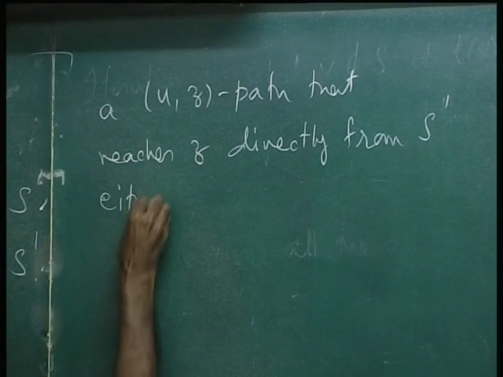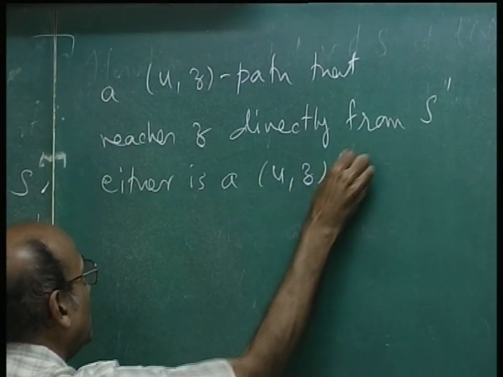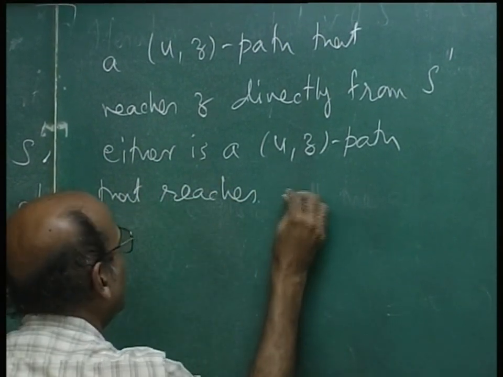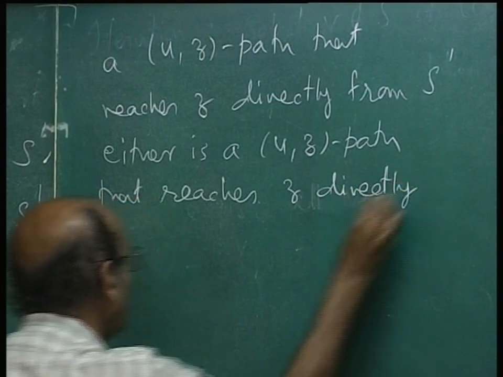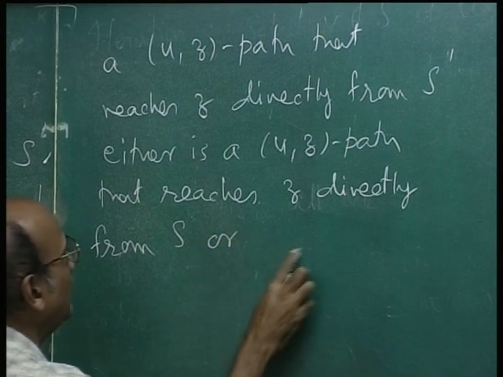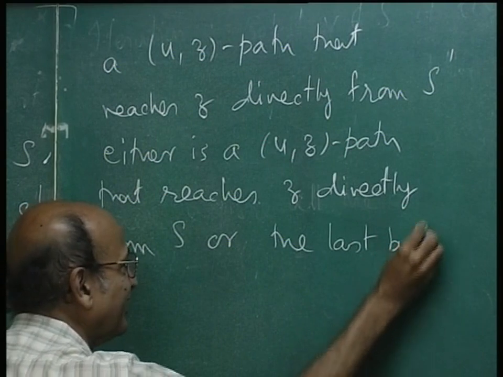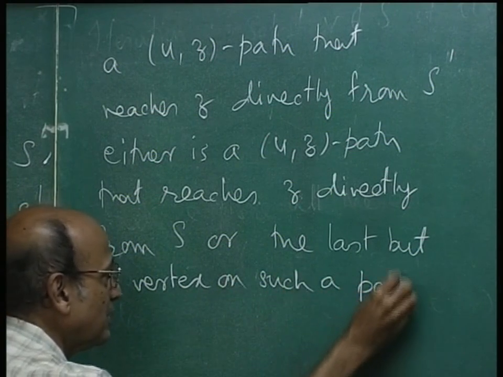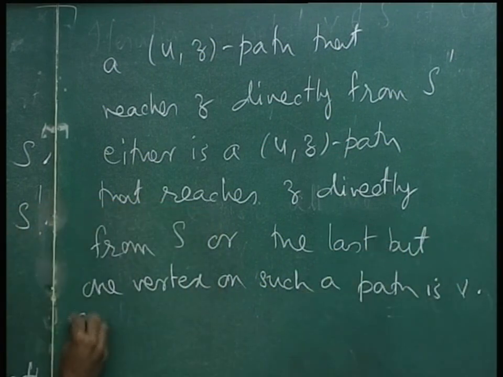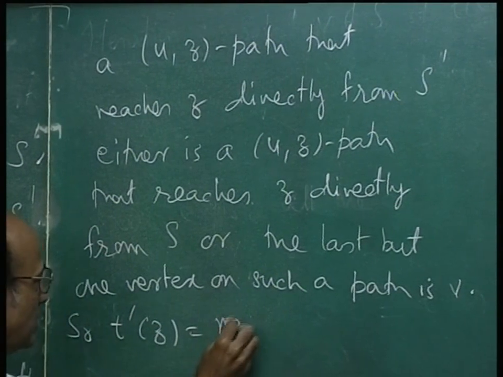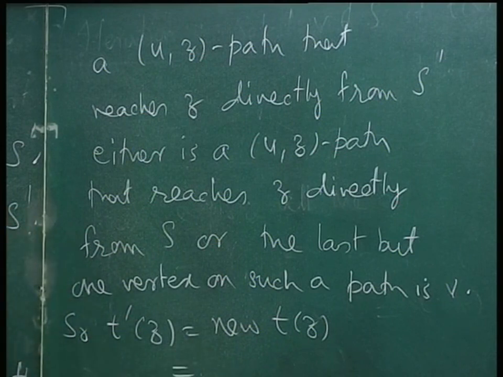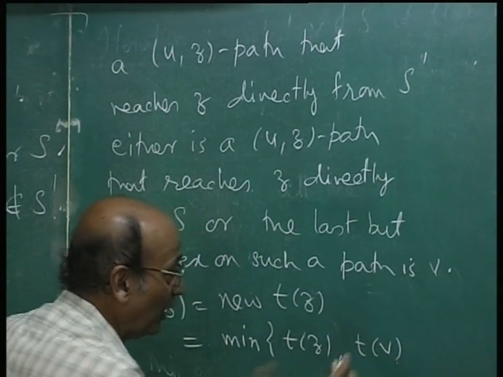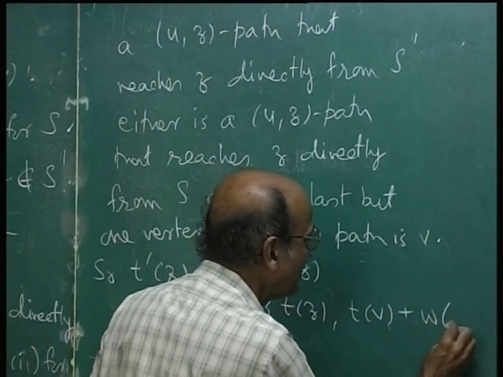Either it is a UZ path that reaches Z directly from S, or the last but one vertex on such a path is V. So, new T of Z is equal to the minimum of old T of Z and T of V, which now is determined to be the distance, plus weight of VZ.